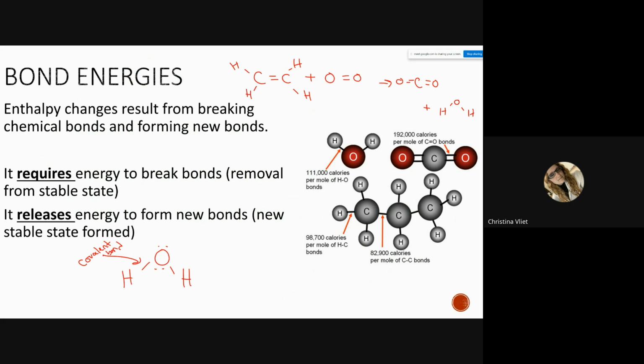You literally have to split this bond between these two oxygens. Do you agree? Yes. Because these oxygens got to go to carbon, and they got to go to make water. And you've got to split these bonds between the carbons and the hydrogens and the carbon and the carbon to rearrange the atoms. Do you think that breaking bonds requires energy?